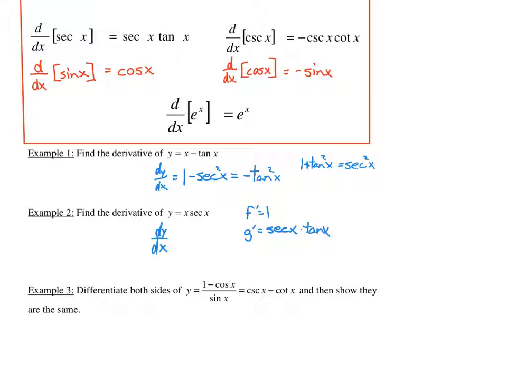Okay, so our derivative, let me move this over a little bit, is f prime times g plus f times g prime. Okay, simplifying that a little bit, we can factor out a secant, and we get secant x times 1 plus x tangent of x.